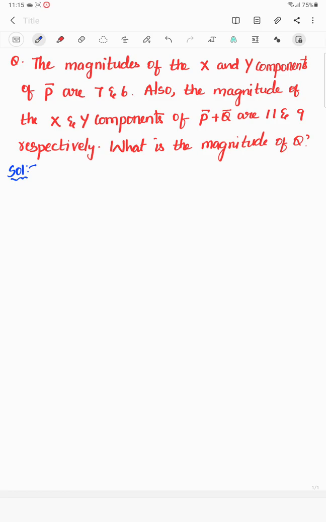So first of all, before going into the problem, let us try to understand what these x and y components are exactly. The general form of a vector, and I am just taking it in two-dimensional form, please make a note of this. Let that vector be denoted by r bar.